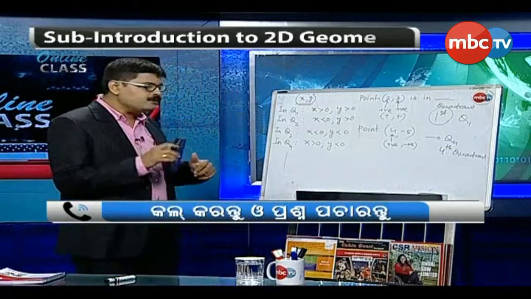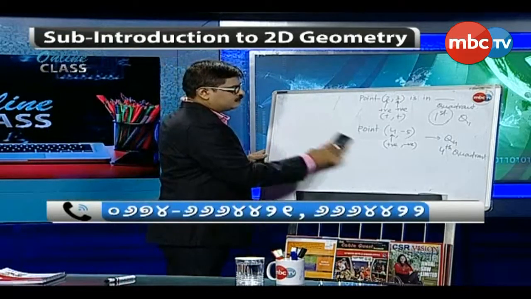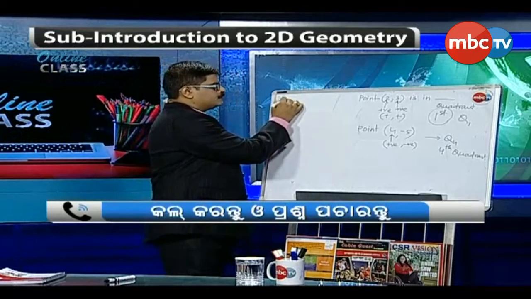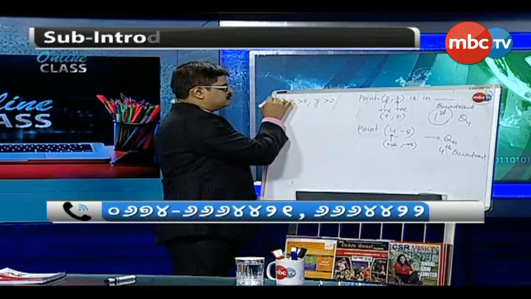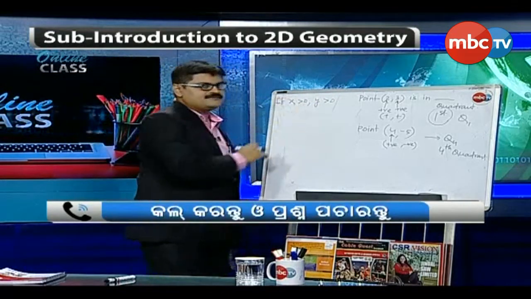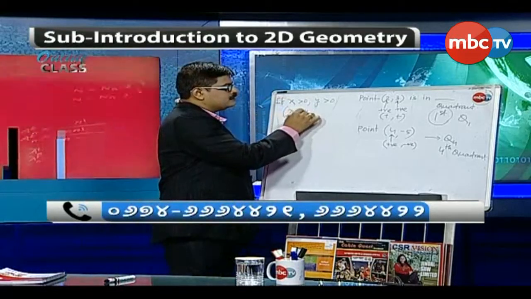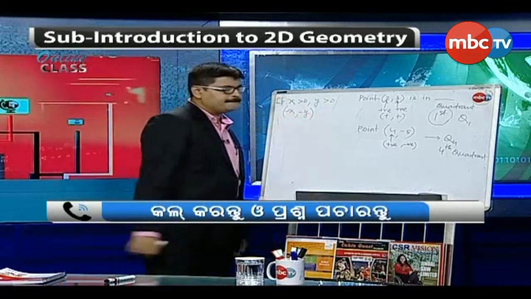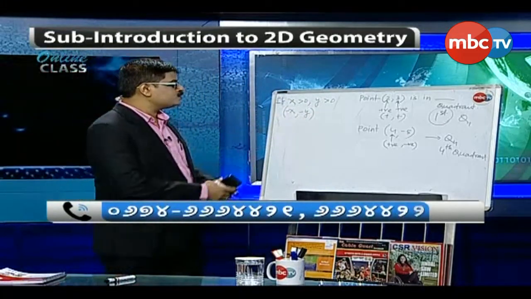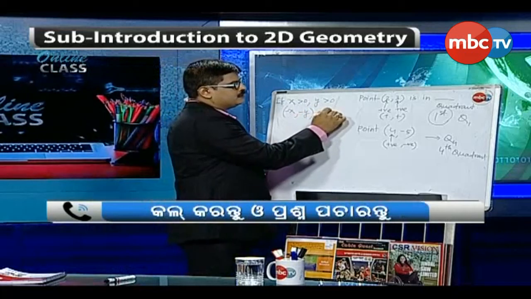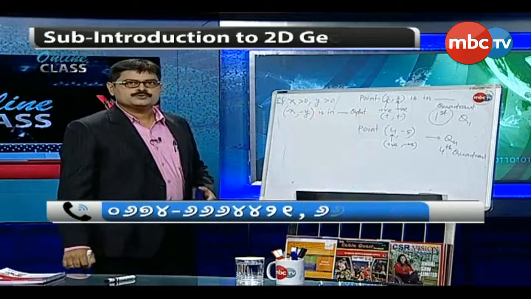Now, let us move into symbols. Suppose x is positive and y is positive. What about the point having coordinates minus x and minus y, in which quadrant is it?